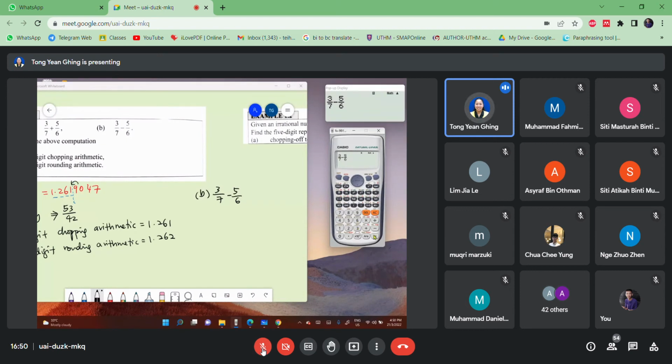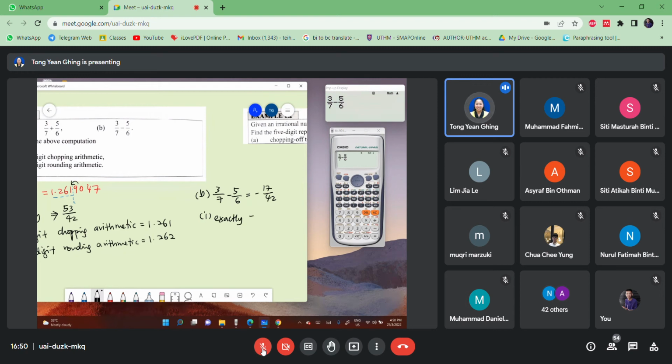So sambil-sambil tu awak pun gunalah kalkulator awak. Dapat apa? Saya taklah tekan sama dengan. Nurul Fatimah, awak ada tekan tak? Okey, dapat apa? Negative 17/42. Okay. So, thank you.